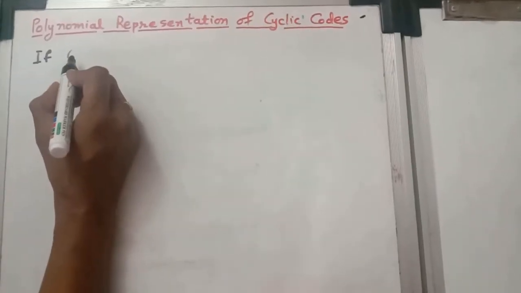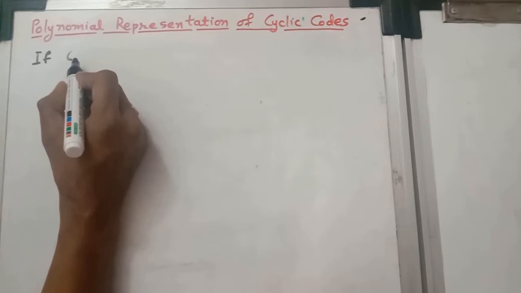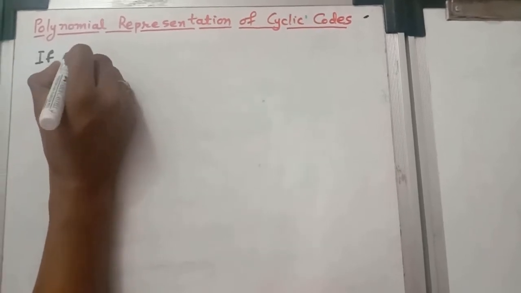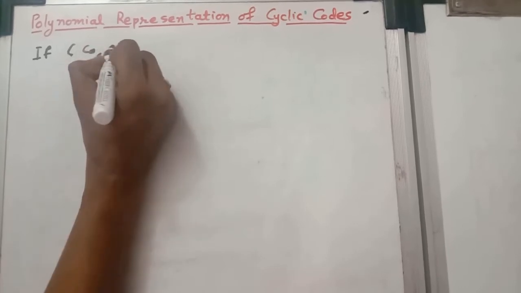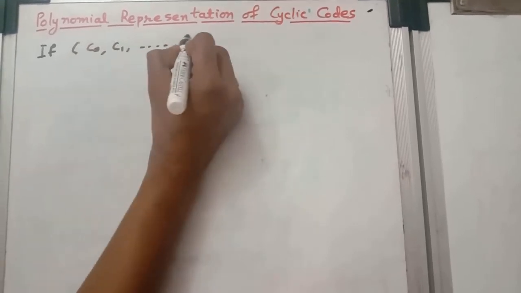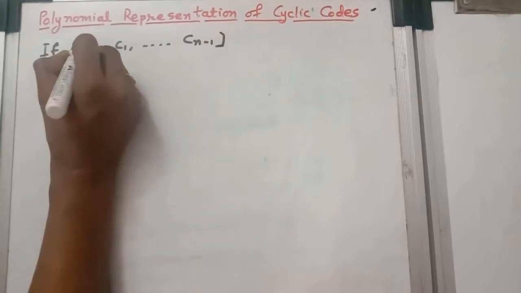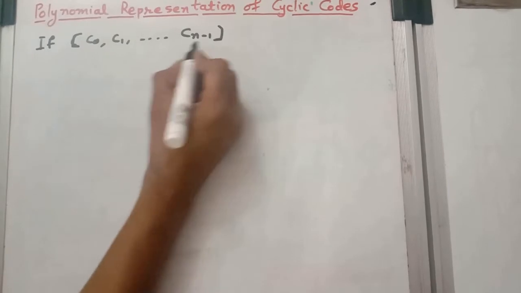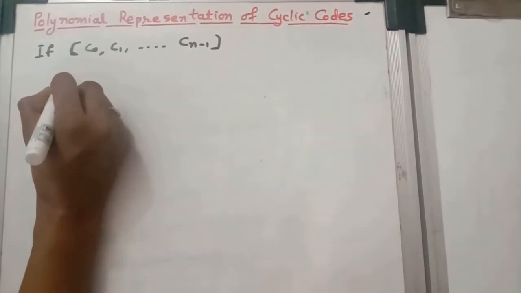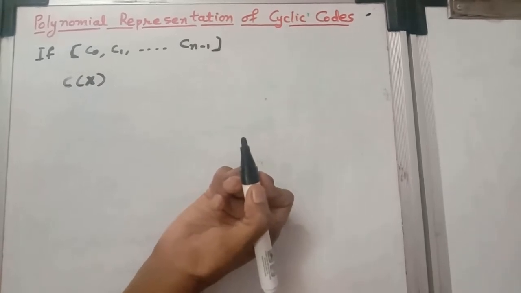Now we will see how to represent the cyclic codes in polynomial form. For that we will consider one code word, that is C0, C1 up to C of n minus 1, as the code vector. Then this code vector can be represented in terms of the polynomial equation C of x.